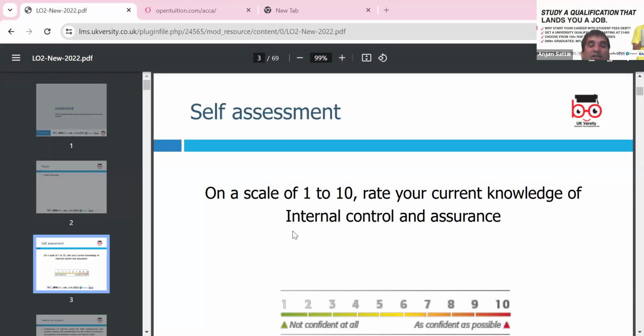For internal control, we should have an SOP, standard operating procedures, and assurance. Auditors can give the assurance that the control system is appropriate and relevant. Internal audit is also quite good, but it needs to be effective. They're not supposed to have a conflict of interest, where people are quite close to each other and say, come on, you favor me, I'll favor you, and don't highlight these things.